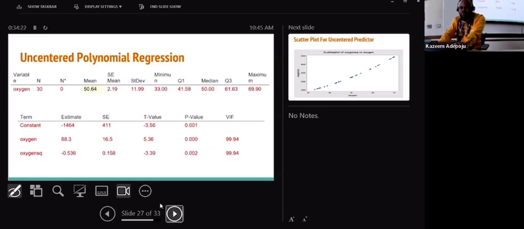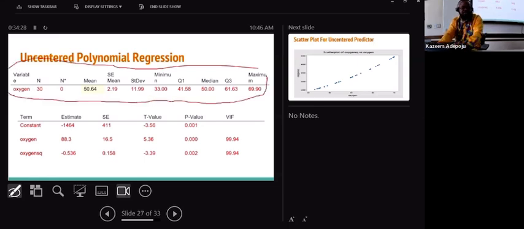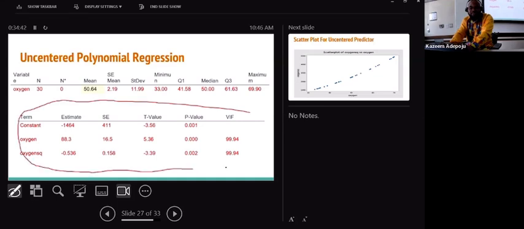But before going there, let's first get the descriptive statistics for the variable. I got 30 observations. The mean is 50.64, the minimum and so on like that. And when we run the regression, this is what we have. Even though oxygen is significant and oxygen squared is significant, there's a problem with the VIF.